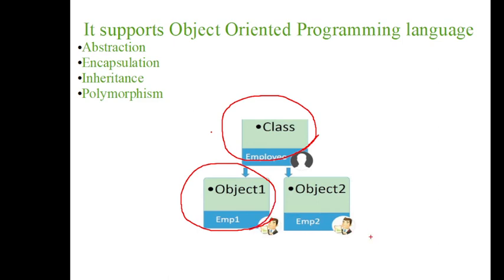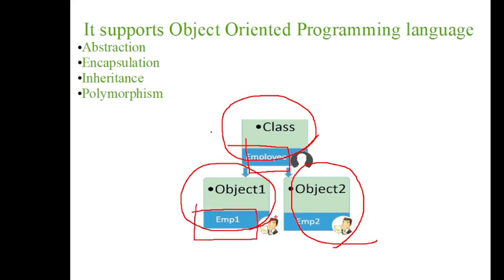The object is always physical and the class is always logical. In this example, Employee is a class, and under that class we have several objects. That's the class and object relationship.